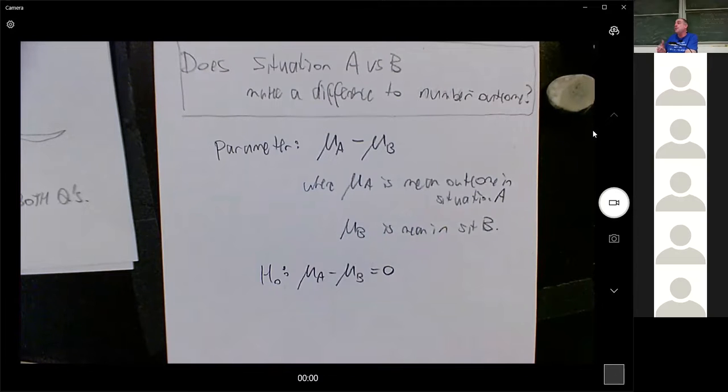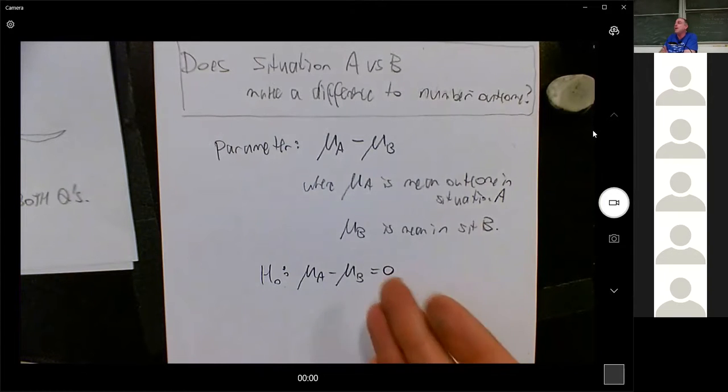There are two answers to this yes or no question. Does it make a difference or does it not make a difference? You have to pick one. And the reason you have to pick one is you're going to calculate some probabilities, and you're not going to be able to calculate probabilities if you don't know what the population parameter is.